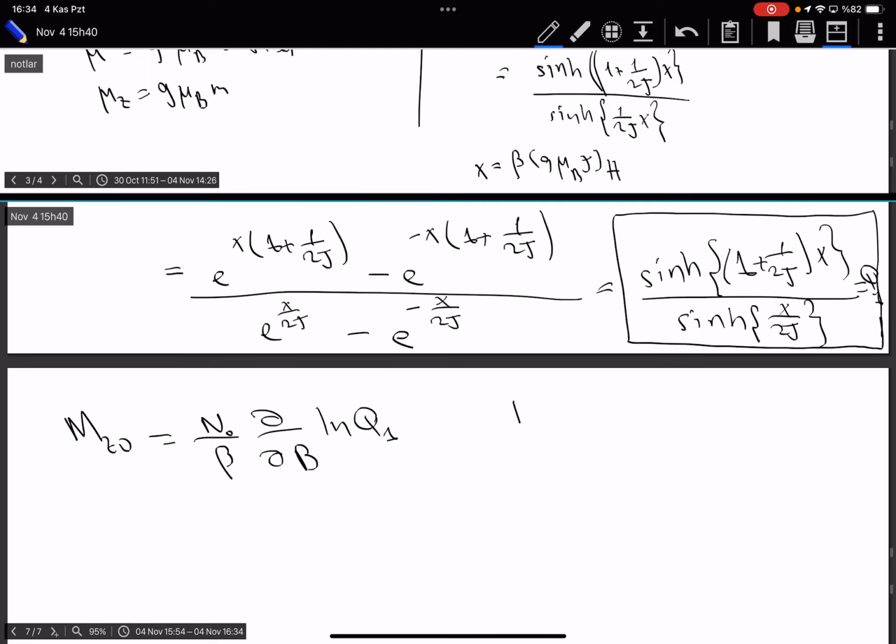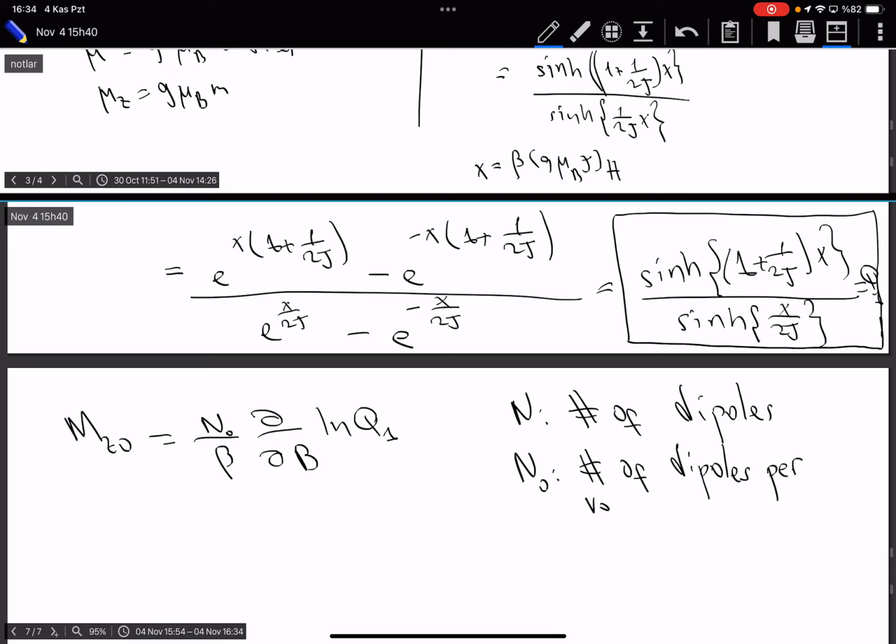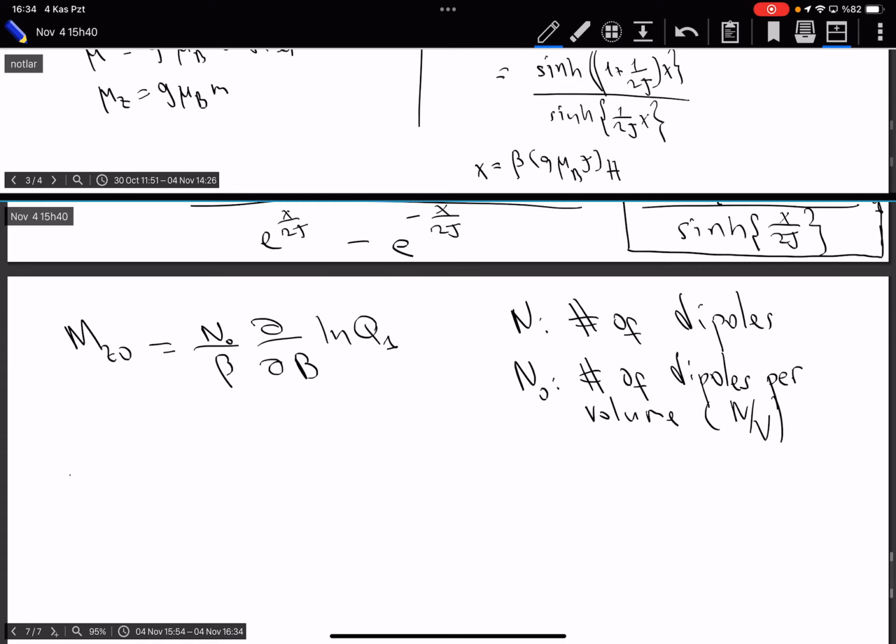You see, N is the number of dipoles. N0 is the number of dipoles per volume, or basically N over V. Because magnetization of a system is defined as the magnetic moment per volume.